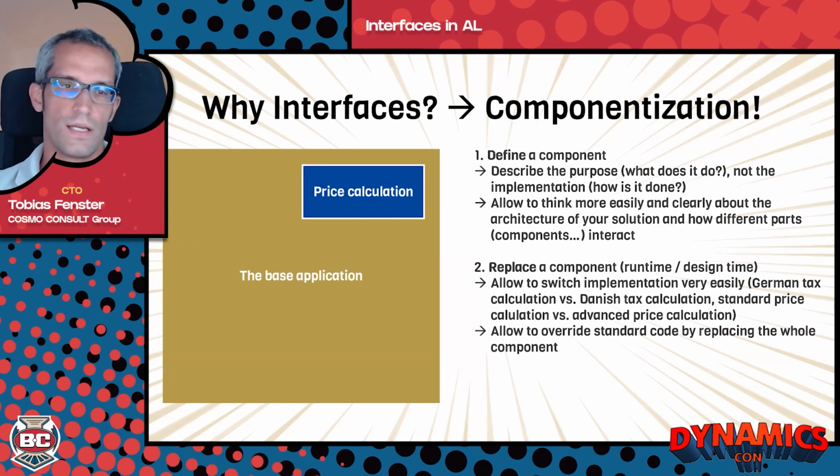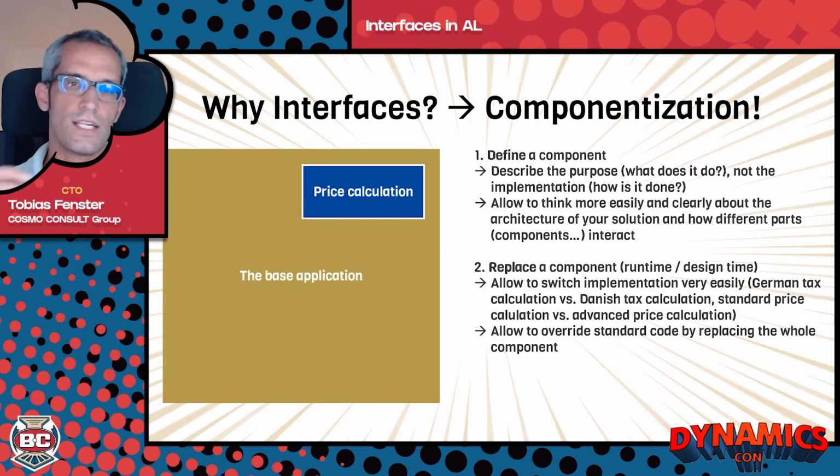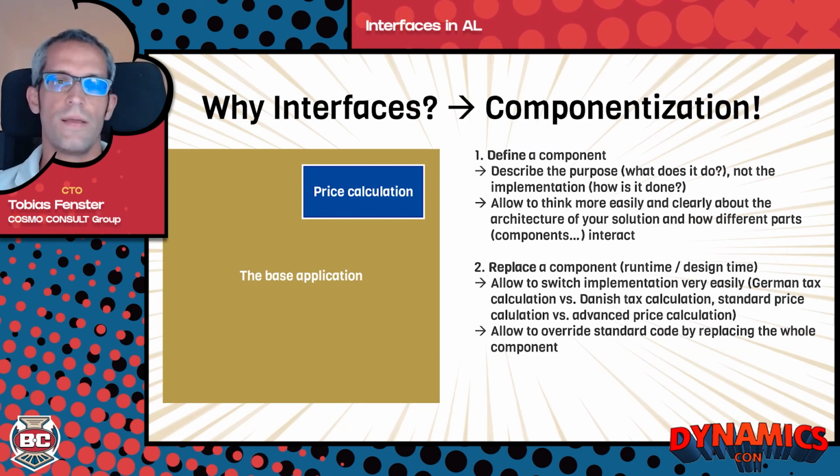And of course, you can implement this with if-else or something like that, but you can also have different price calculation components. And if now it's the German one, you talk to the German implementation. And if it's the Danish one, you talk to the Danish implementation. And it's very easy to make sure that you're meeting all the requirements that your component has, because you have a very clear understanding what it needs to do and what that particular component wants to do.